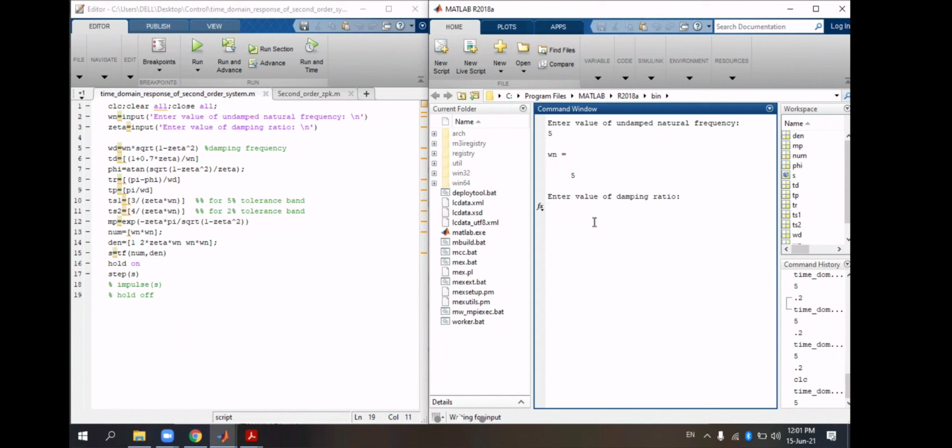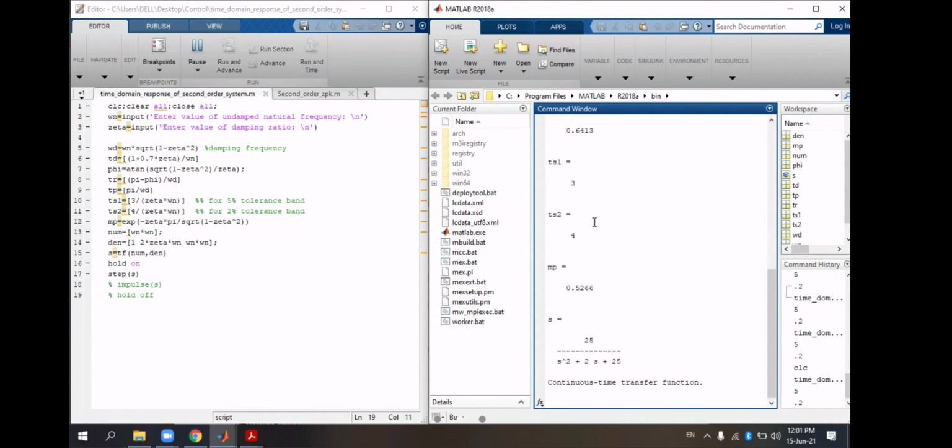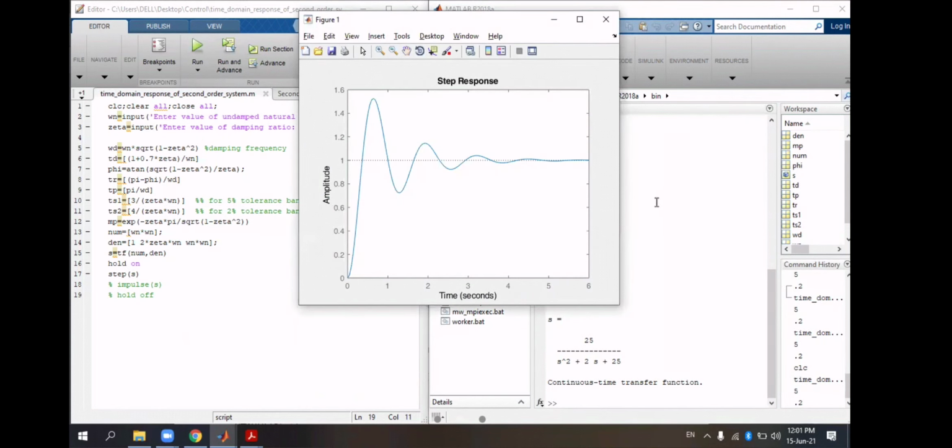We are taking it as 0.2. These are your time response specifications. Now we will see them on the graph. This is our output.